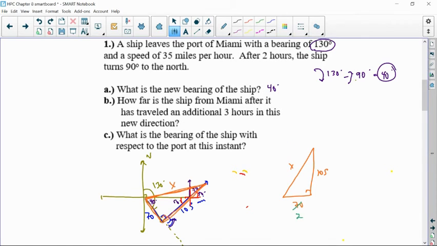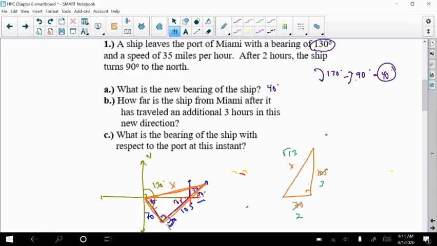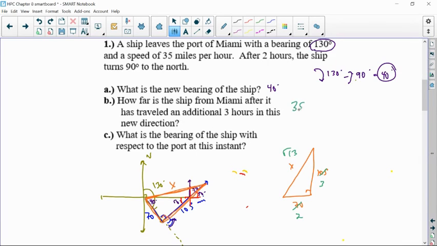Divide by 35, that's 2. Divide by 35, that's 3. So 2 squared plus 3 squared, 4 plus 9, is 13. So this would have been root 13, but because we divided by 35, we multiply by 35. So it's 35 root 13 miles.